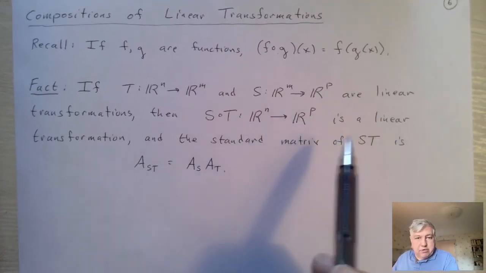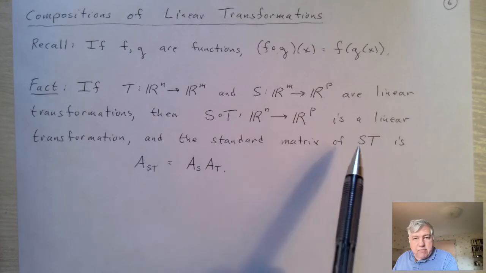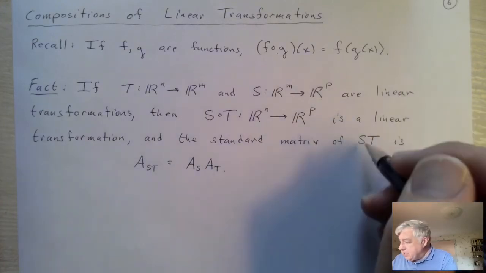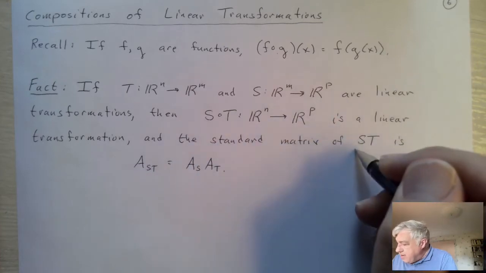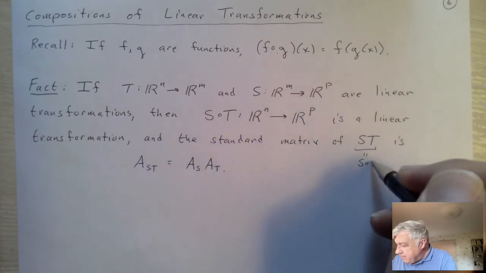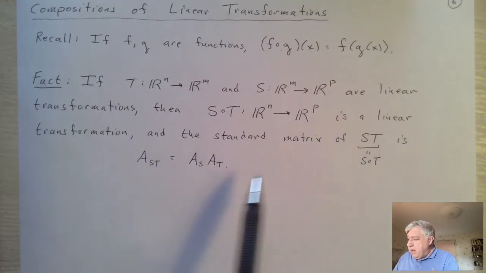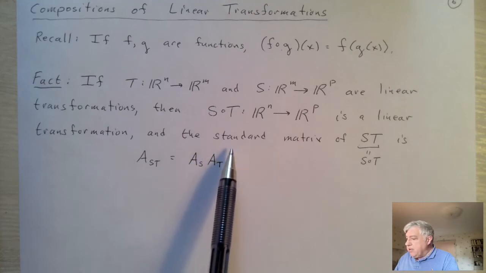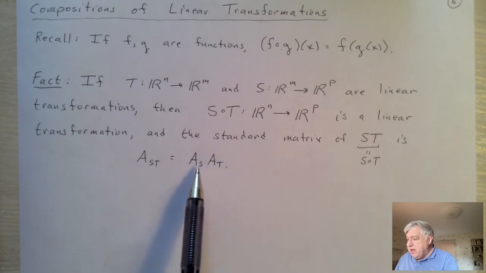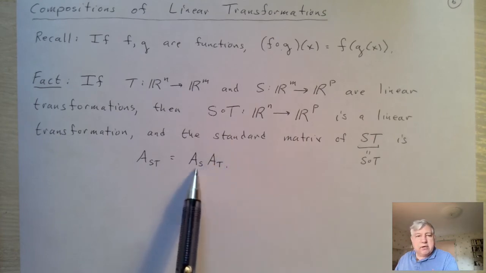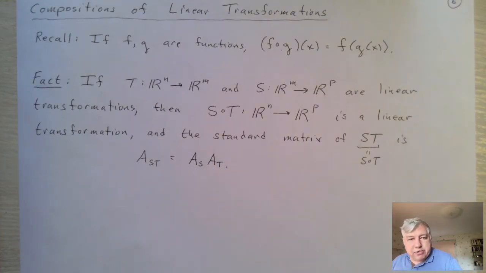But this will be a linear transformation. We're going to write ST instead of S circle T, but it means the same thing. The main result here is that the composition is a linear transformation, and its standard matrix will be the product of the standard matrices of the two other transformations. So let's see why that works out.